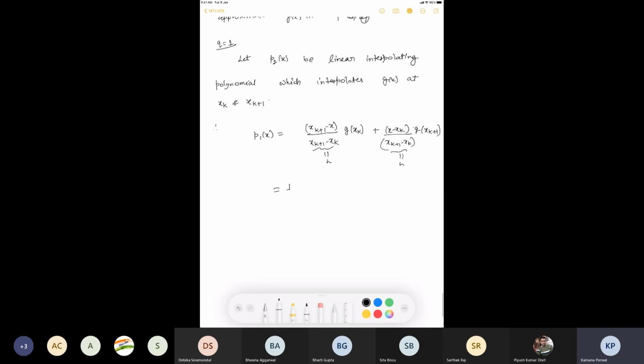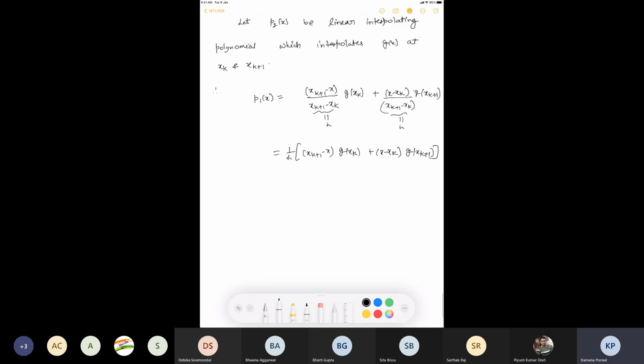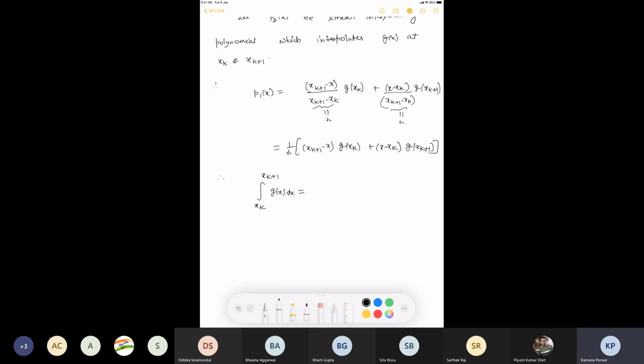So I can write this as 1 by h times [(xk plus 1 minus x) g at xk plus (x minus xk) g at xk plus 1]. Therefore, the integral of g(x) over the interval xk to xk plus 1 is approximated by the integral from xk to xk plus 1 of p1(x) dx.